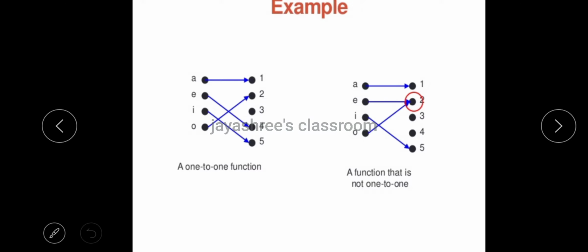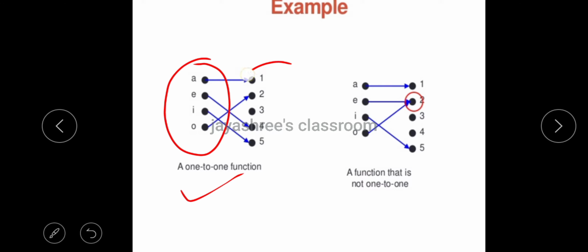For example, in the first example, the domain contains the elements A, E, I, O and the range contains 1, 2, 3, 4, 5. We can call this the codomain. The codomain contains different numbers, of which a few have a pre-image.